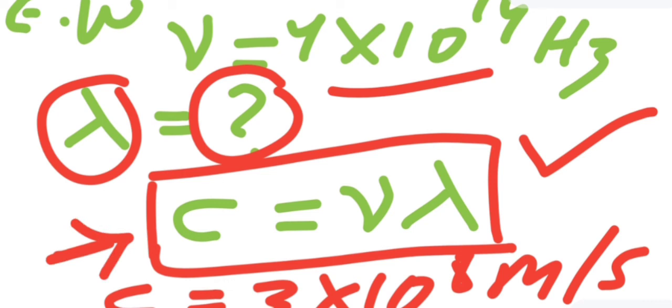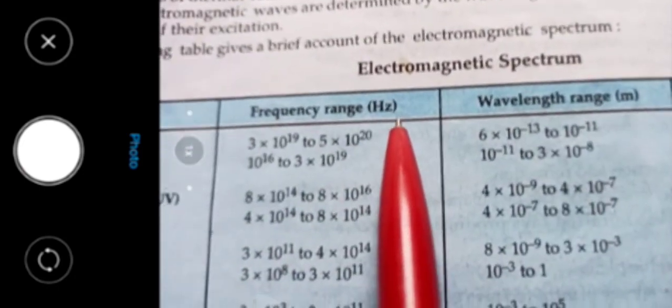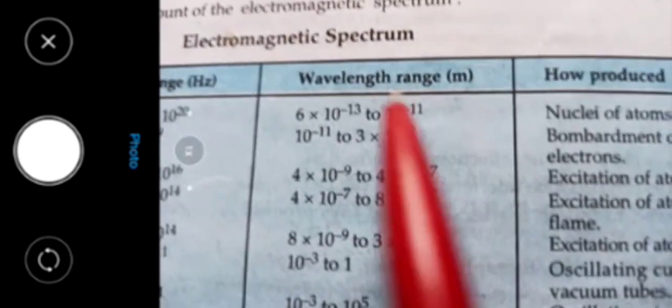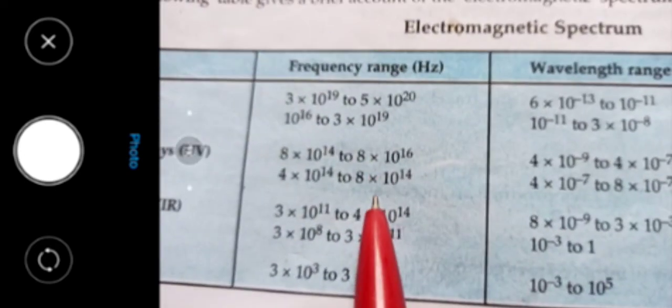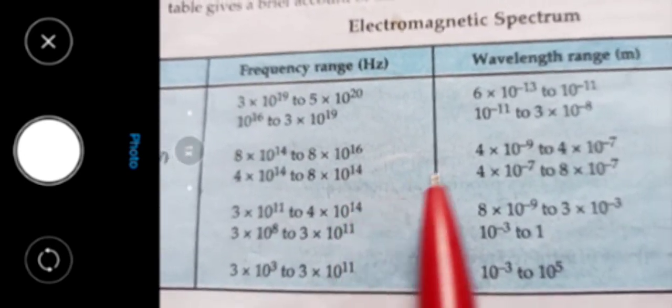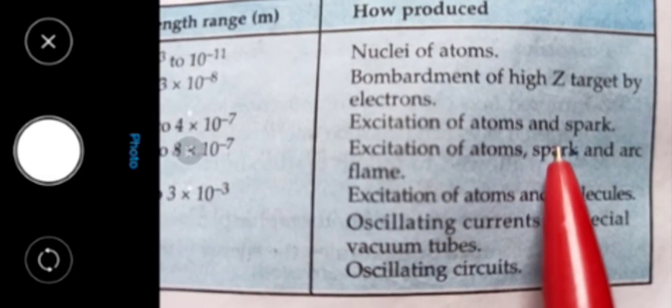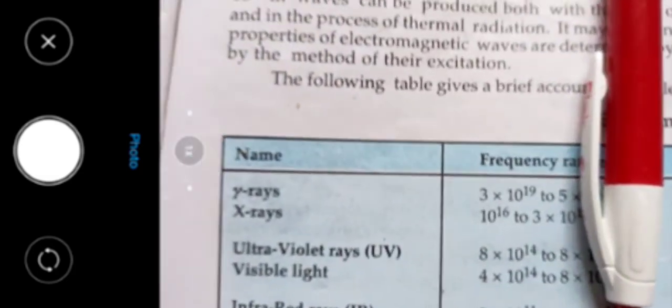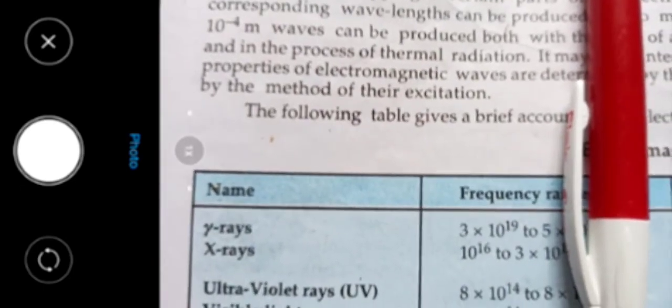And also you have to know the names of electromagnetic waves and their frequency range and wavelength range, or if you know the frequency range, you can convert it directly to the wavelength range using the formula, and how they are produced, and the uses of electromagnetic waves, as part of the electromagnetic spectrum. So these are the problems which we can do.